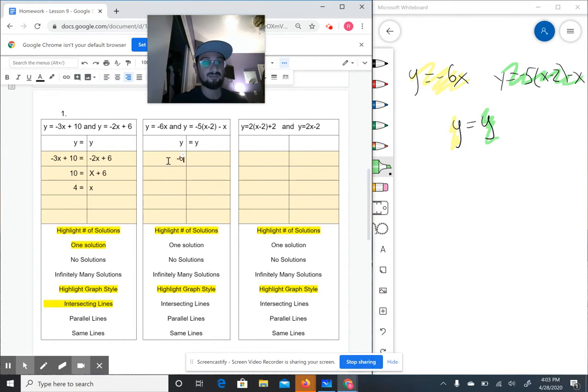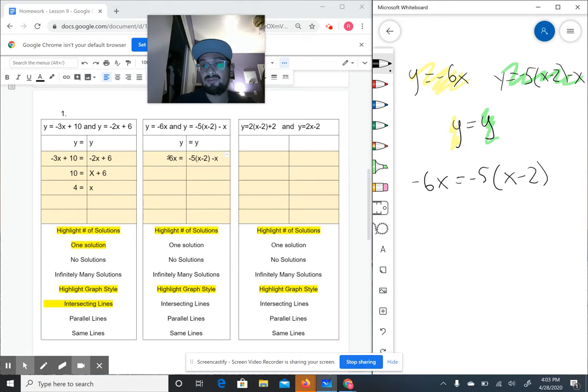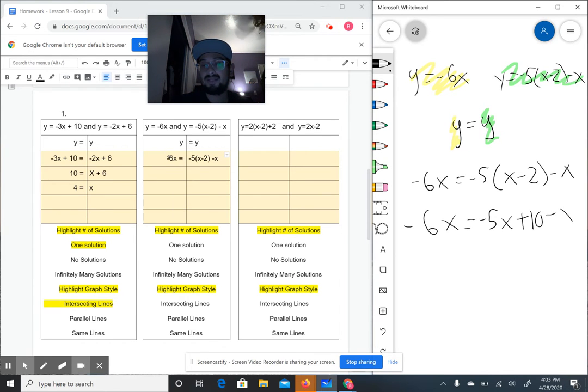So negative 6 is equal to negative 5 times x minus 2, minus x. So remember, that's a negative x. So negative 5 times x is negative 5x. Negative 5 times negative 2 is positive 10, minus x.